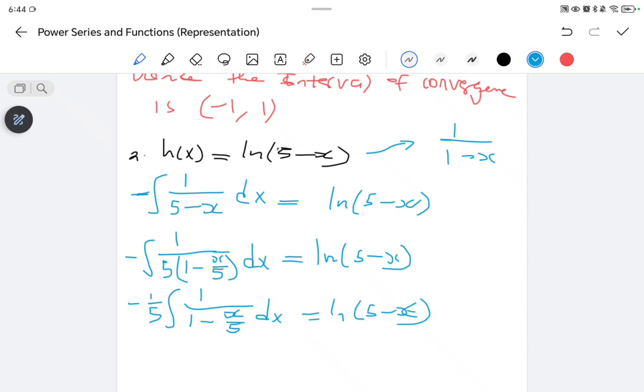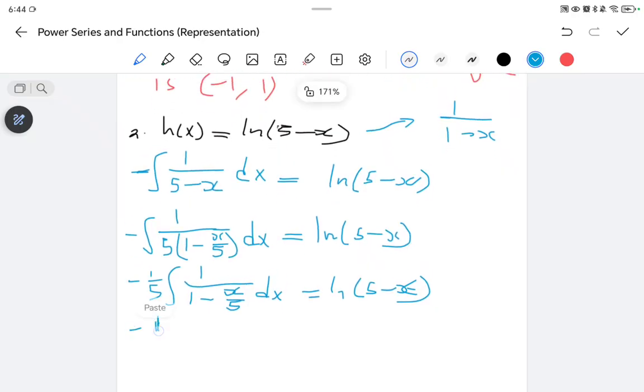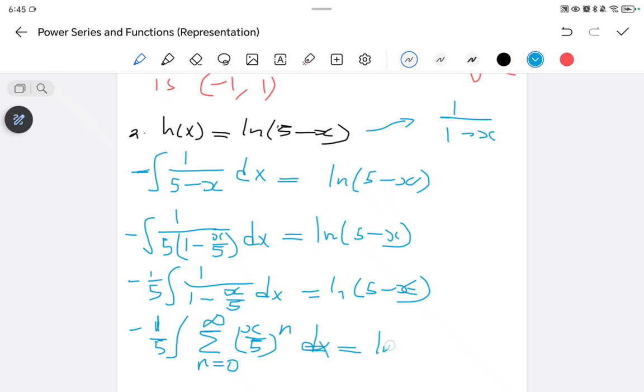And we know that for this, since it's in this format, it means that this will be the summation from n equals 0 to infinity of x over 5 to the n, dx, which is equal to ln of 5 minus x.